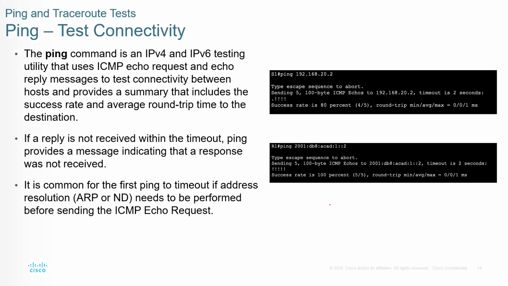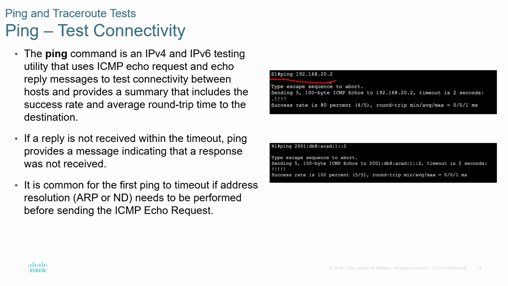Now, the concept of ping and traceroute tests, like I've done earlier on, is just to tell you that you can run a ping in order to test end-to-end reachability. The ping command is an IP version 4 and IP version 6 testing utility that uses ICMP echo request and echo reply messages to test connectivity between hosts and provide a summary that includes the success rate and average round-trip time to the destination.